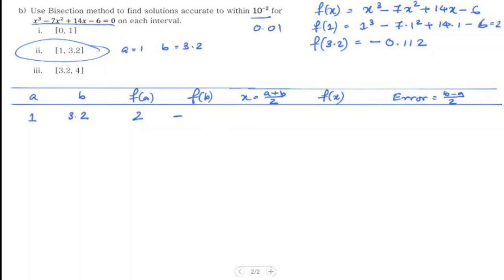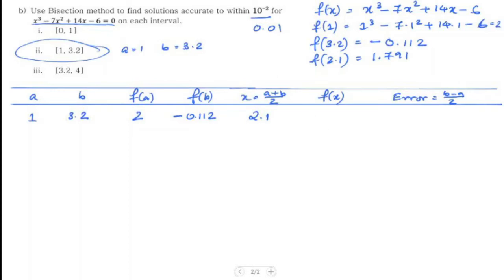So here I'll write f of b down, which is minus 0.112, and then x is a plus b, which is 1 plus 3.2 divided by 2, and that will give me the value 2.1. For this place, we have f of 2.1, that is equal to 1.791.